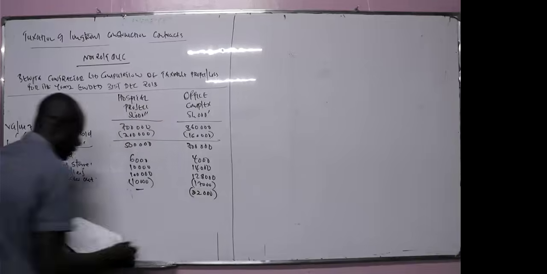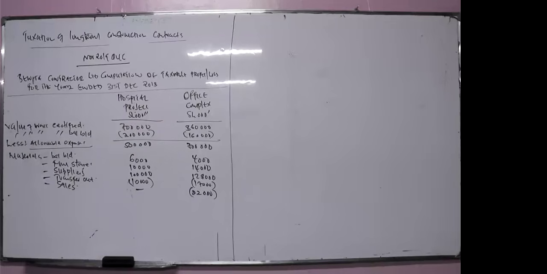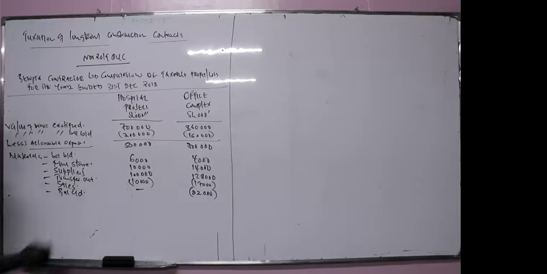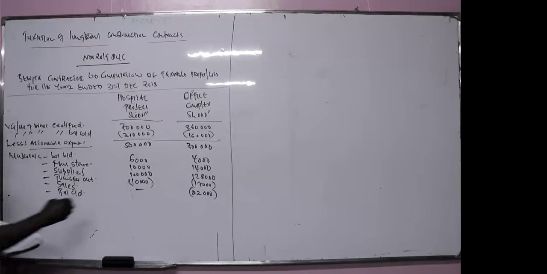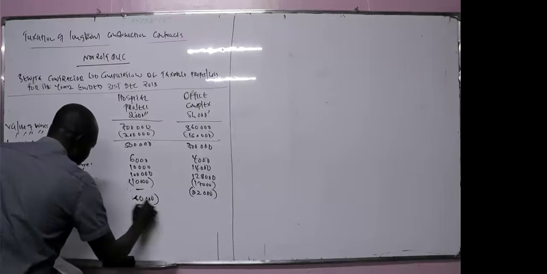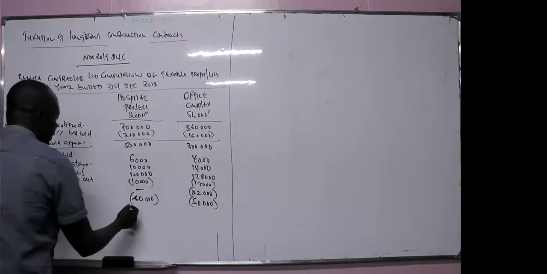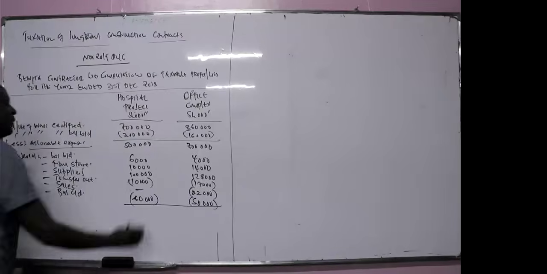So we deduct, isn't it? And then we have the closing balances of materials. So we have balance carried down. This is 40,000. This is 50,000, isn't it? So how much do we get?